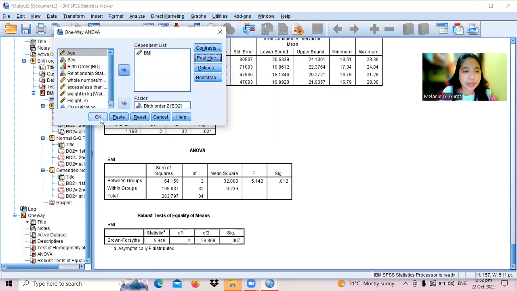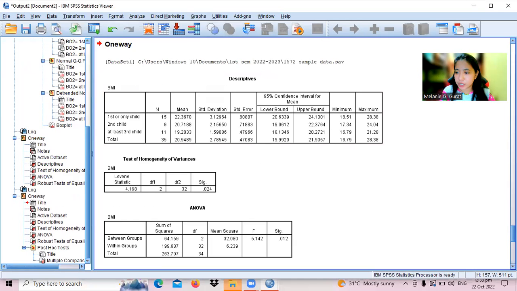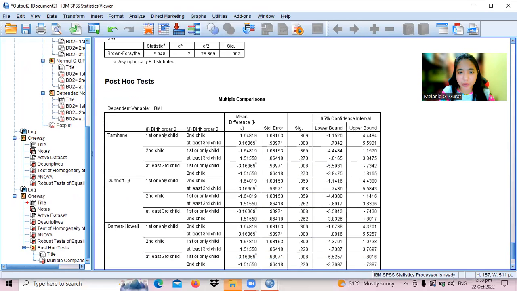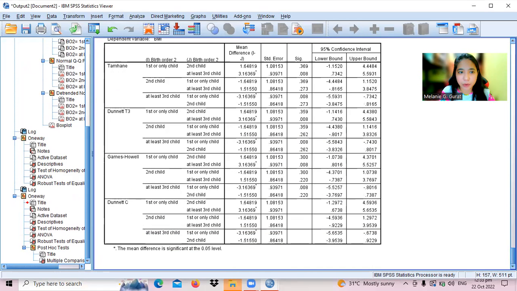Continue, and okay. So here we can see the result of Tamhane, Dunnett T3, Games-Howell, and Dunnett C.